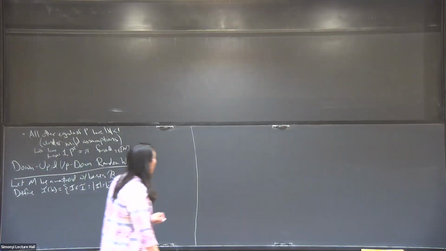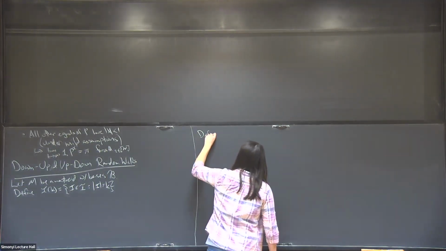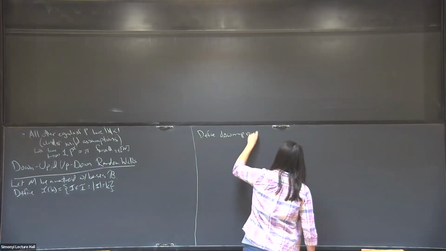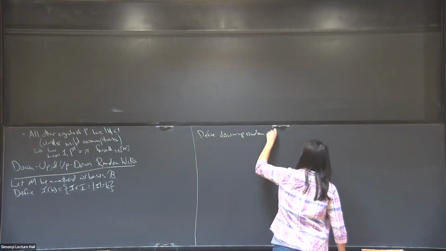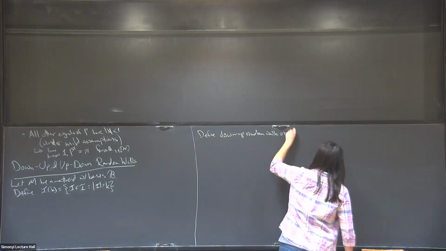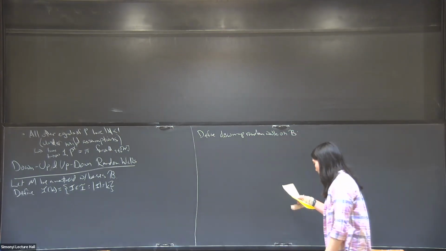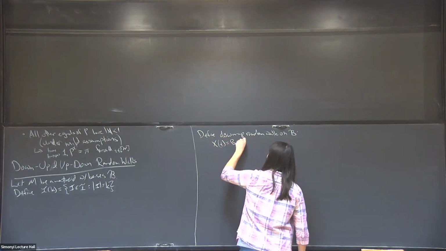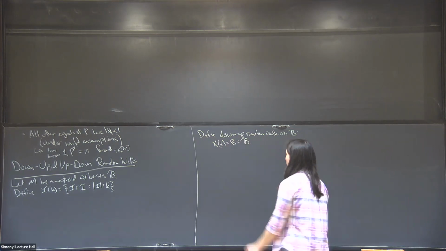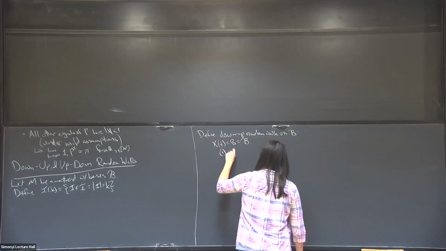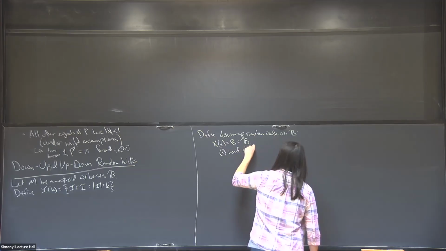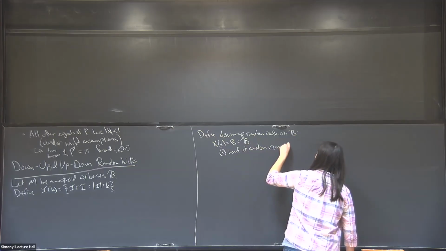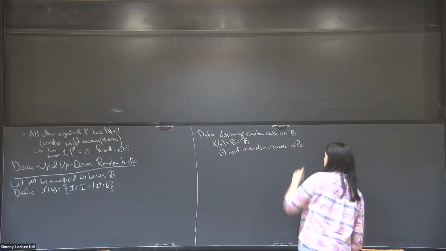And so we define the down-up random walk on our bases. If we have X_t, some basis B, the first thing we're going to do is, uniformly at random, remove some i from our basis.